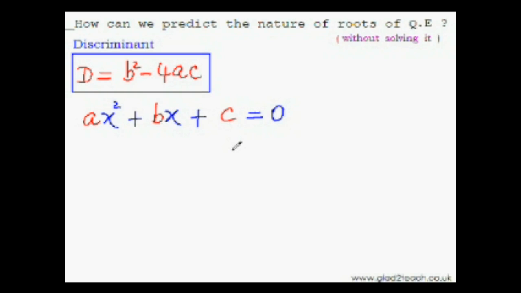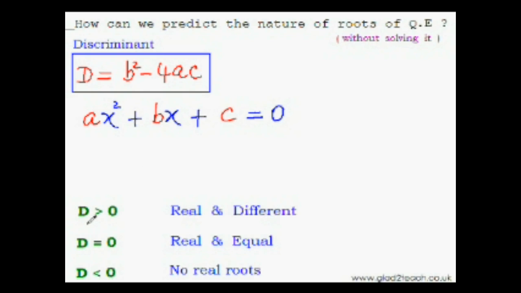So for any quadratic equation, if the value of D comes out to be greater than 0, then the roots of that equation would surely be real and different. Okay, I'll put down these conditions for you, don't worry. If the value of D for some equation is greater than 0, that is some positive number, then the roots of that equation would be real numbers and they would be different from one another.